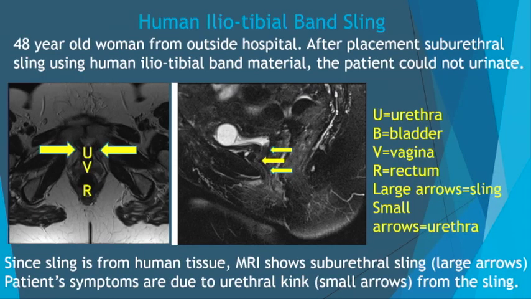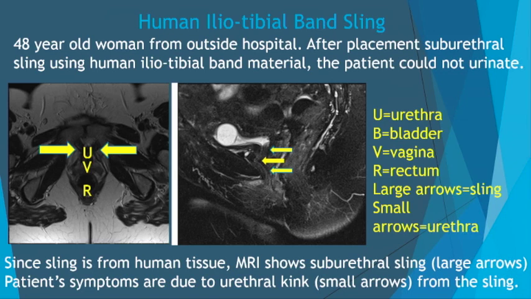Well, this is an example of a 48-year-old who was transferred to our institution after she just had a human iliotibial band sling placed. And unfortunately, after it was placed in an outside institution, the patient stopped being able to urinate.